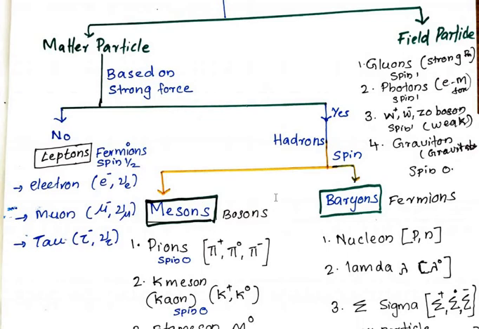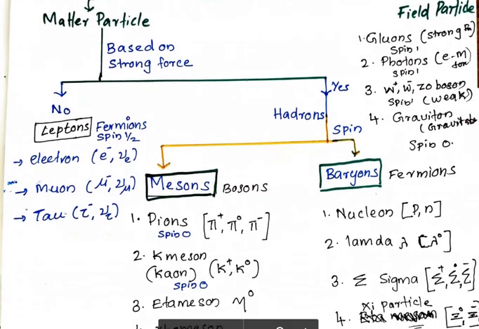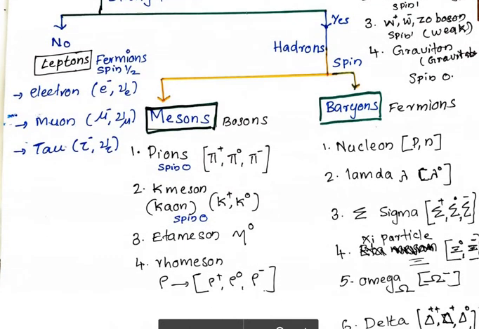That is, they may have spin 0, spin 1, etc. Mesons are bosons which are acted upon by the strong force, and they are hadrons.